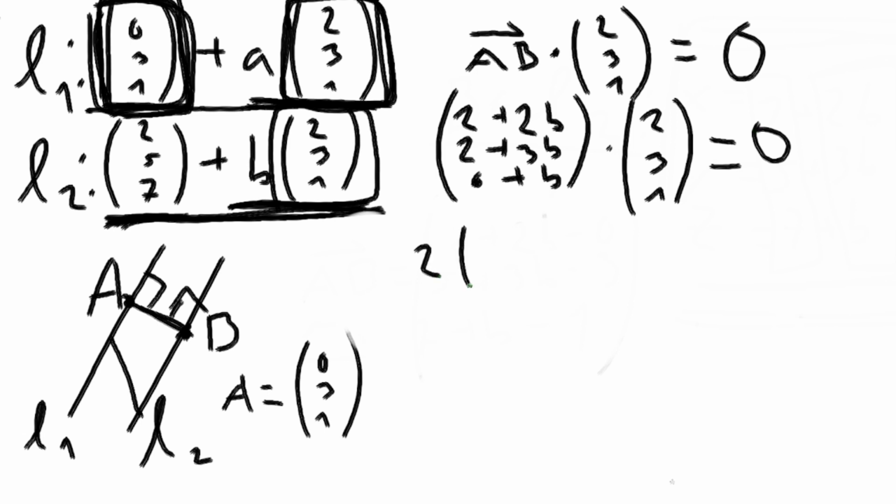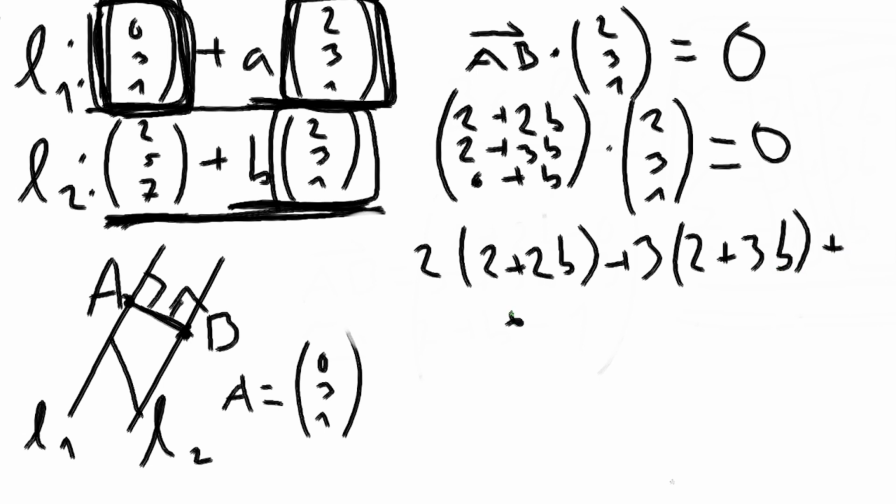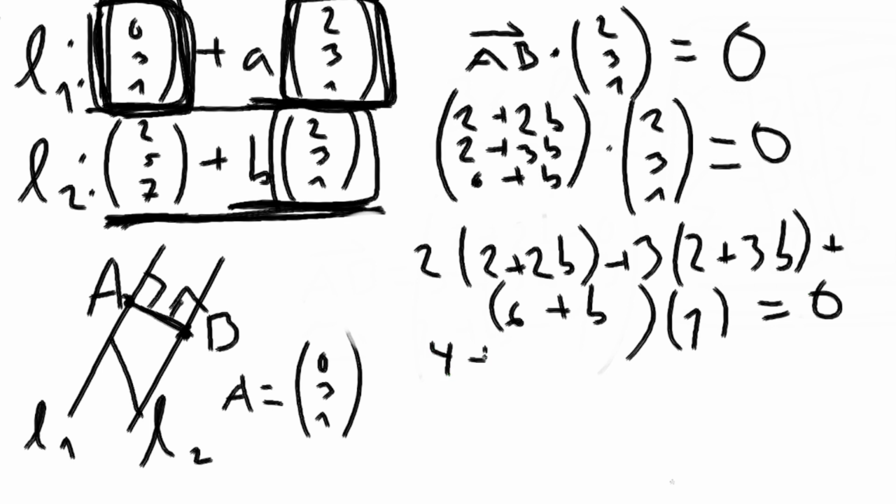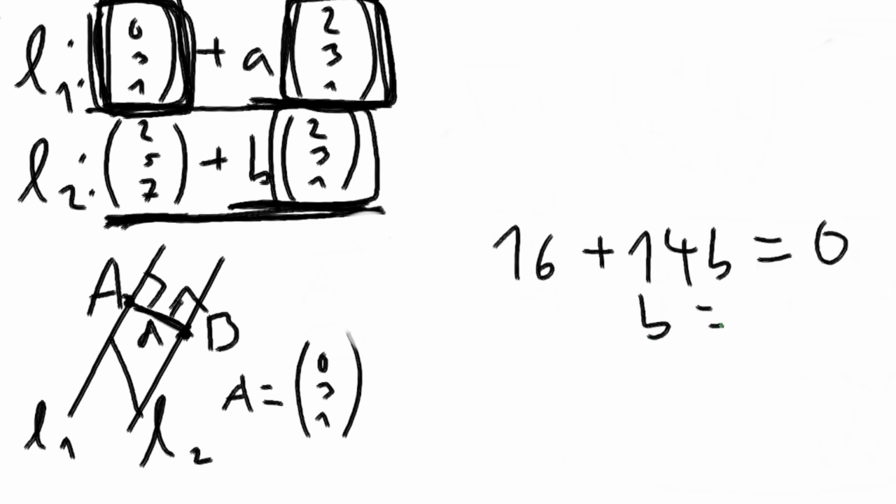So it's 2 times 2 plus 2b, plus 3 times 2 plus 3b, plus 6 plus b times 1, all of that equaling 0, and we have this 4 plus 4b plus 6 plus 9b plus 6 plus b equals 0. It means b equals minus 16 over 14, meaning minus 8 over 7.